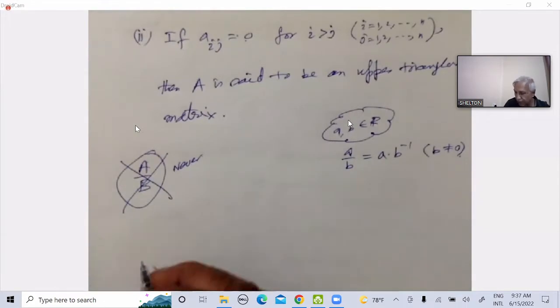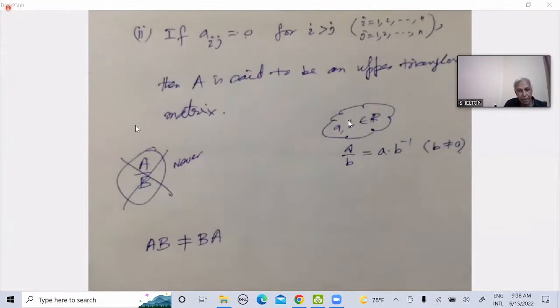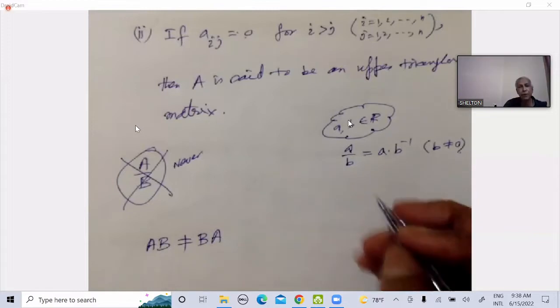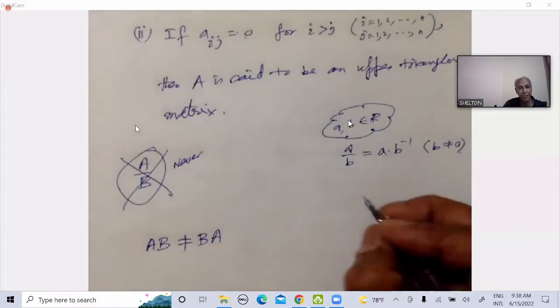We already saw last time for matrices, AB need not be equal to BA. When AB and BA are both defined, AB is not the same as BA. So the commutative law holds for numbers, AB is equal to BA, but not for these new gadgets.